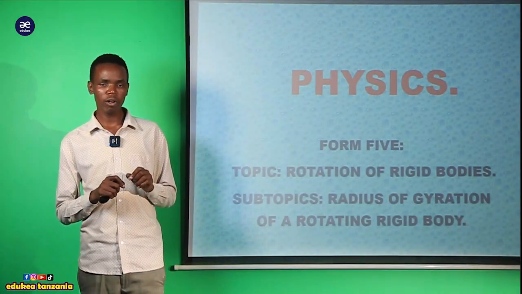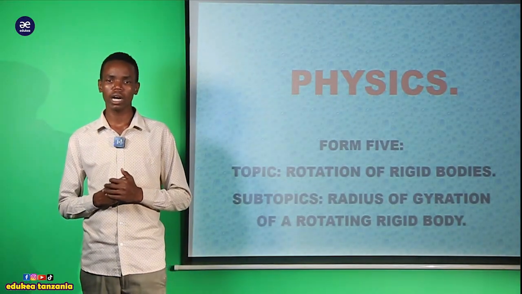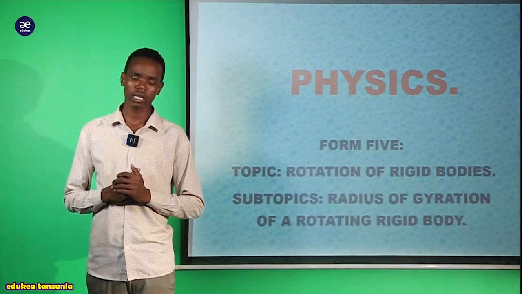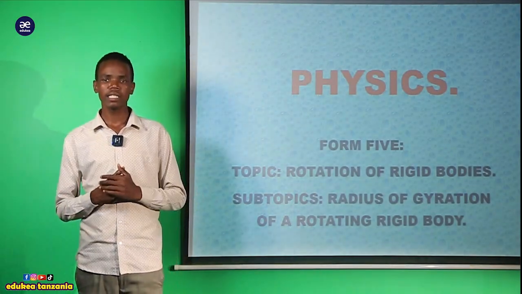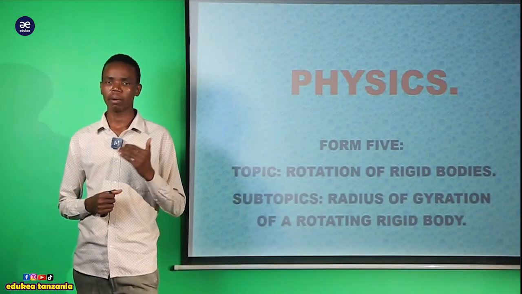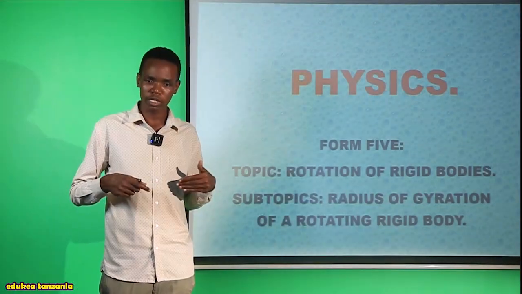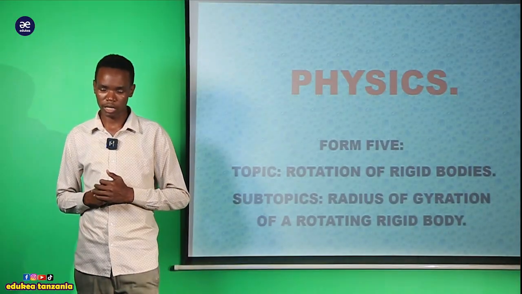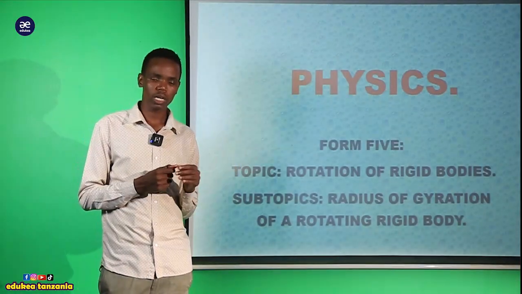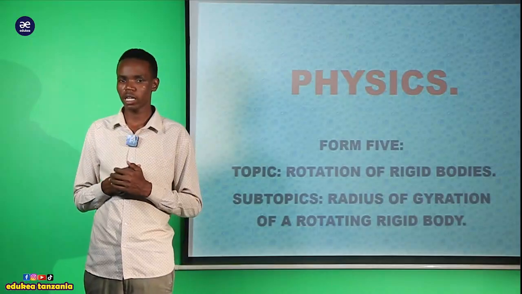But before we proceed, we need to remember where we ended in the last session. In the last session, we discussed the meaning, that is, the introduction of the radius of gyration. After that, we got the definition of radius of gyration.